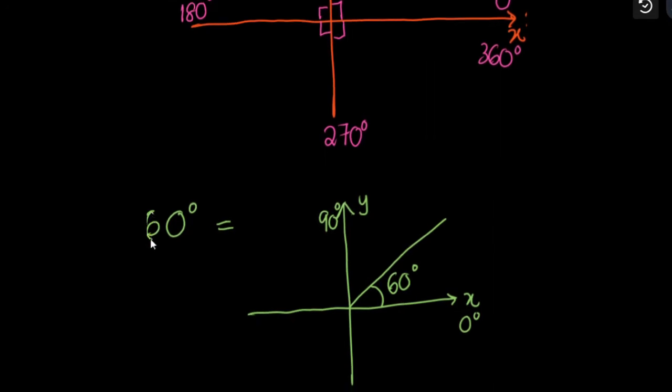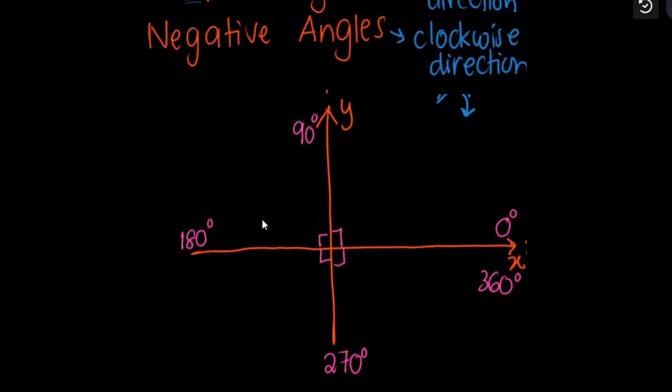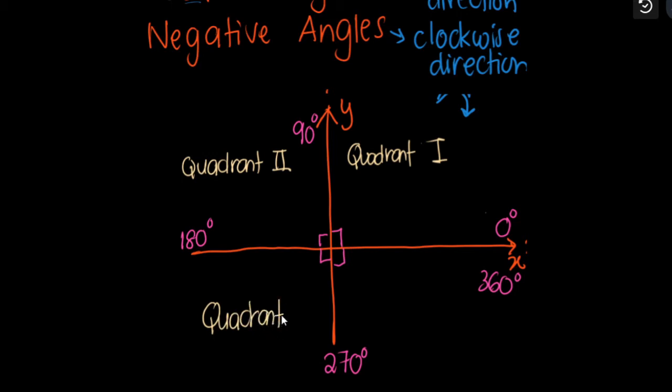Now, since you drew already, you need to know another thing. 60 is a positive angle, right? So you move anti-clockwise. Add to your notes, since you already have the graph of the angles: 0 to 90 is called the first quadrant, quadrant 1. 90 to 180 is quadrant 2. 180 to 270 is quadrant 3.